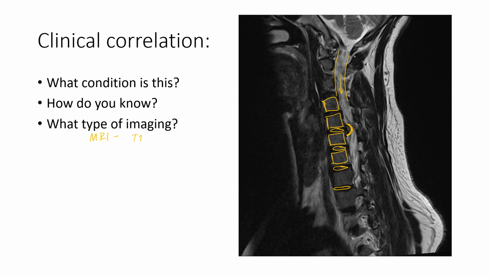This is specifically a C5, C6 herniation into the vertebral canal. Let me erase that real quick so that you can see the actual image again better. What you can see there, that dark impingement, is fluid starting to accumulate in this area. And the actual profile of the spinal cord becomes substantially more narrow there, right? So that's how you can tell.